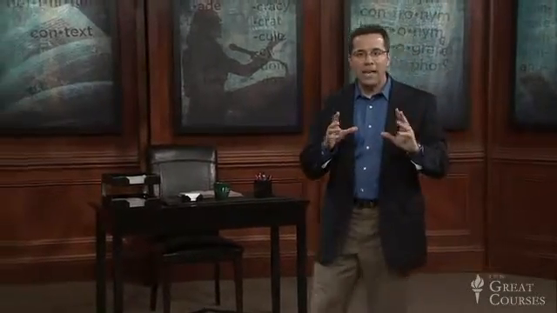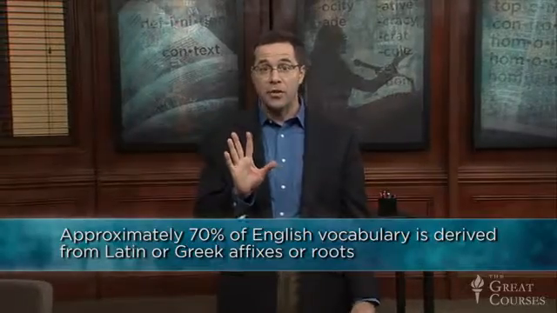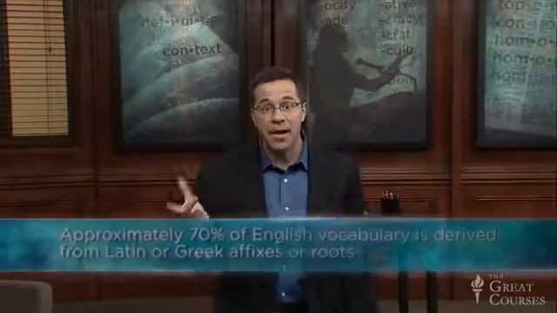What do you think? The eye-opening answer is that approximately 70% of English vocabulary is derived from Latin or Greek affixes or roots. 70%! Now, do you think the vocabulary of science and technology is higher or lower than this 70%? If you said higher, you're right.